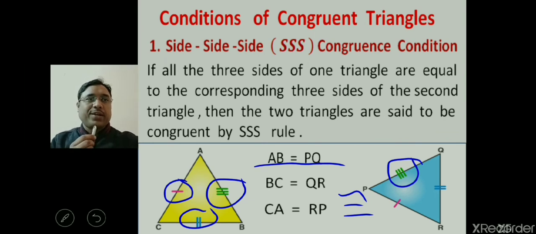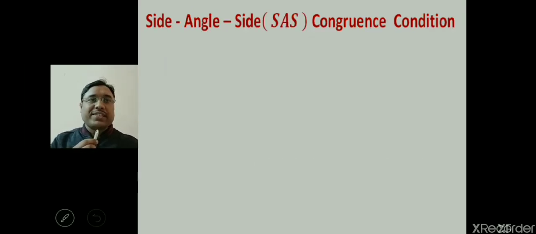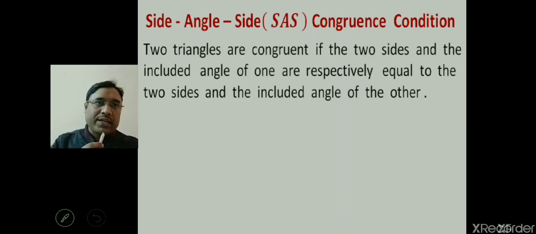Okay, now next you have the side angle side congruence condition. How can we define it? First you have to understand that two triangles are congruent if two sides and the included angle of one are respectively equal to the two sides and the included angle of the other. This you must note down.